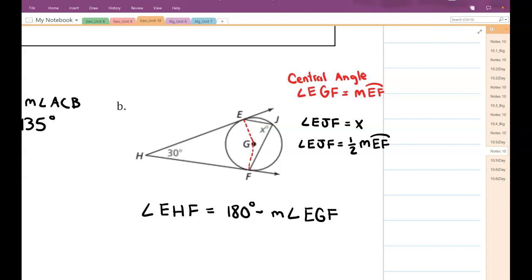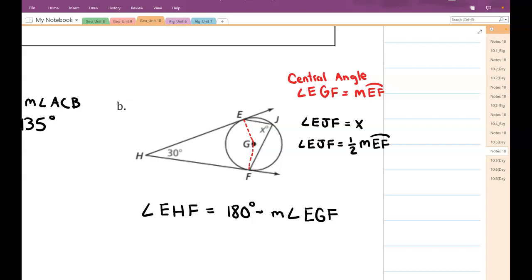And now we can play a game of plugging in things that we know. We know that angle EGF is going to be the same measurement as the minor arc EF.